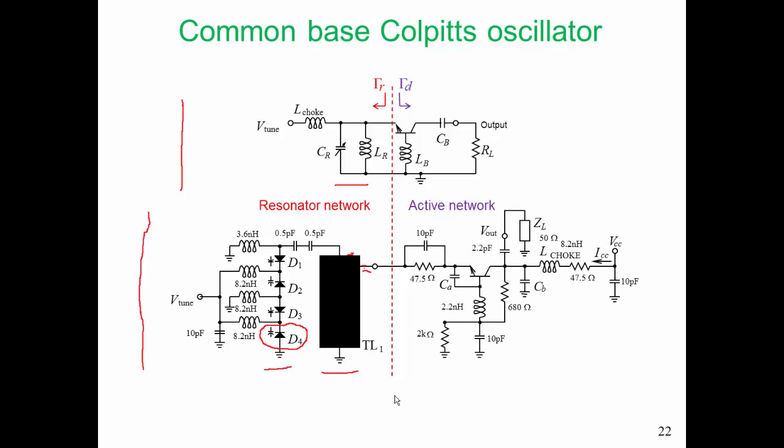We're going to talk more about the active device later on, but one of the things that we want from our active device is that we want the susceptance of our active device to be independent of amplitude as well. And we've added a few components here, in particular CA and CB, as extra design variables that we can use to make sure our active network has our idealized behavior.